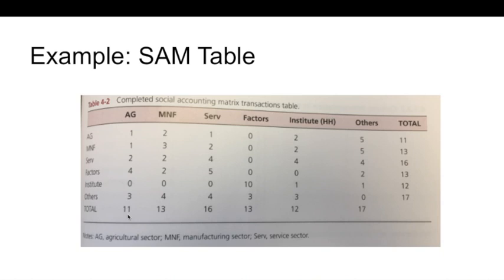That's the total production, the total input here. Now if you look at the row for agriculture, you add up all the elements for the row, you can also get 11. This is the total output or the final demand. So the input for agriculture equals the output. And a similar calculation can be made for other categories as well.